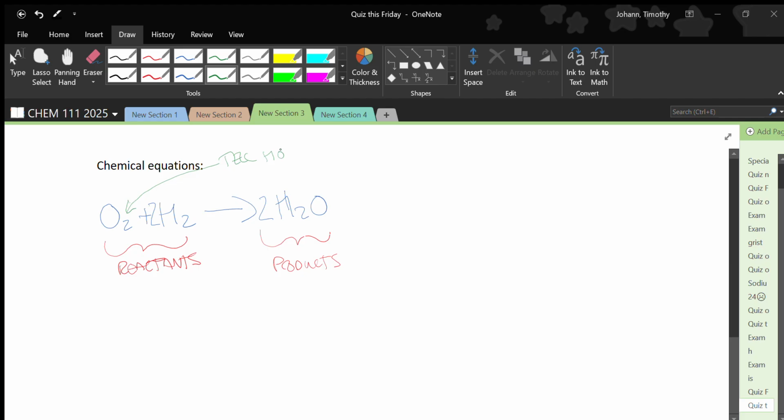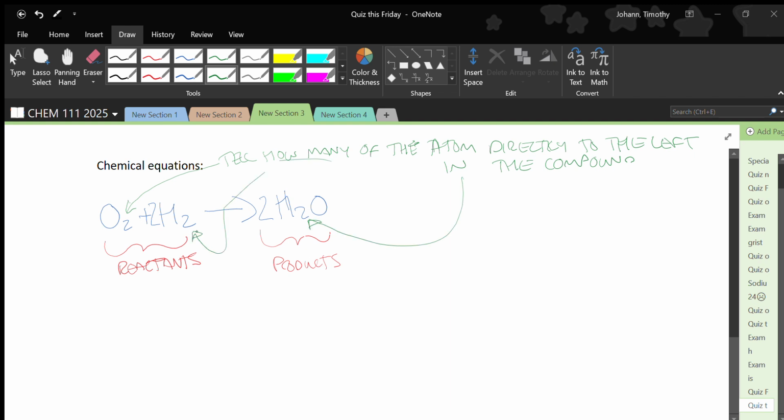They tell how many of the atom to the left are in the compound. So the same here and the same here. All these are compounds. We have more specific names for all of them.